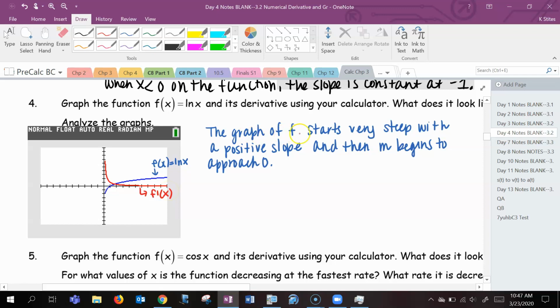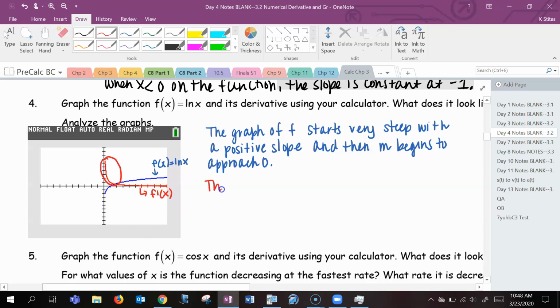Okay, so now what does that mean about your derivative? So notice the graph of f starts very steep with a positive slope. So that means that f prime is in the positives. See, the y-coordinates are in the positives. And then m begins to approach 0. So that's why f prime begins to approach the x-axis. Okay, it's approaching a y-coordinate of 0.